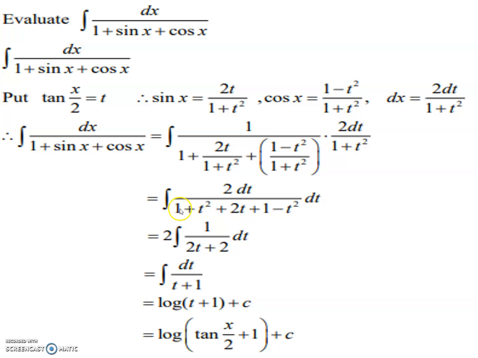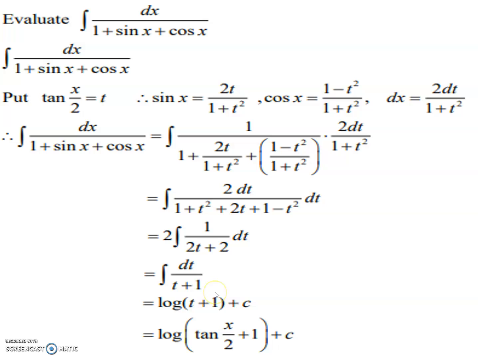So, we have the integral 2 dt upon 1 plus t square plus 2t plus 1 minus t square. T square minus t square get cancelled. 2t plus 1 plus 1, 2 is remaining. Take 2 outside, 2 get cancelled. We derive dt upon t plus 1.